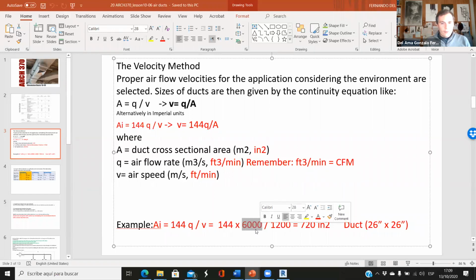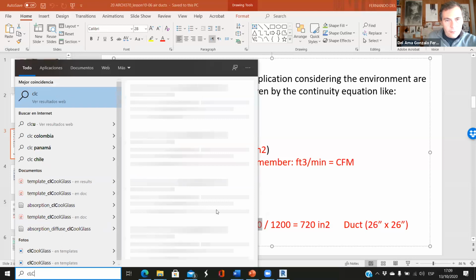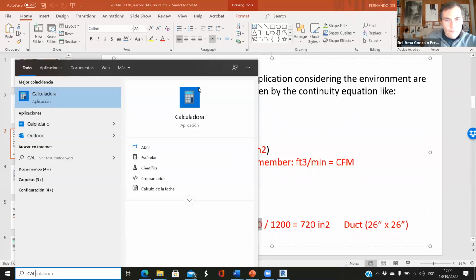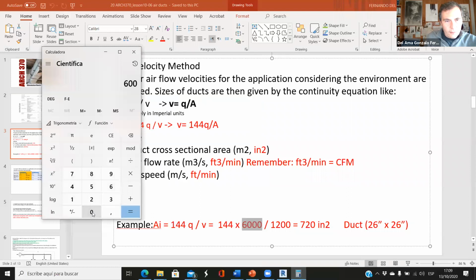We had 4 diffusers, so 6,000 divided by 4 is, oh no, it was divided by 8. It was 750, because we have 4 diffusers on the second floor and 4 diffusers on the first floor. So each diffuser is 750 CFM.